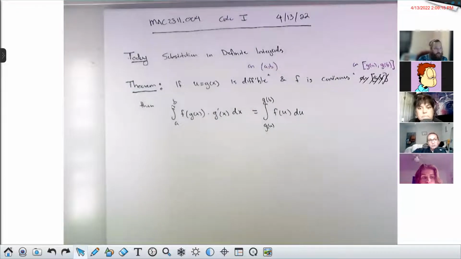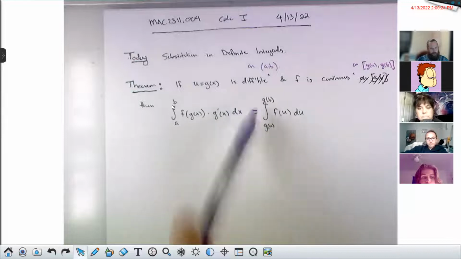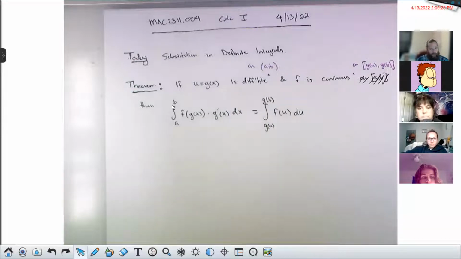well-intentioned high school, and I'm sorry to say some faculty here at Santa Fe, the mistake they make is to omit the change of the bounds from a to b to g of a to g of b. So first I'm going to show you some examples. Then I'm going to show you a bunch of pictures and try to convince you that this is really important.